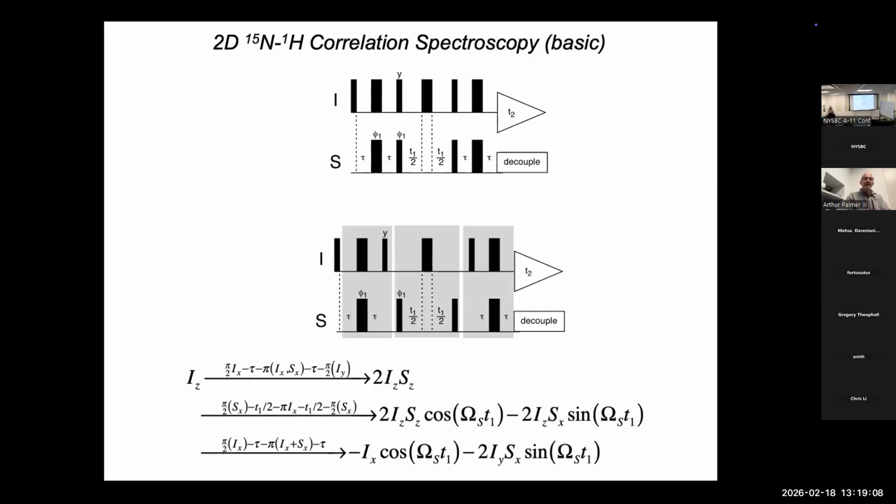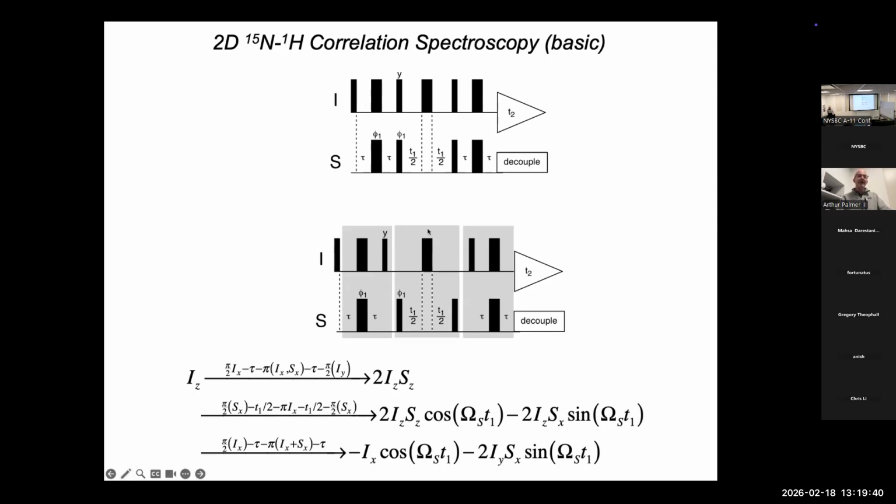The other elaboration here is what happens with something that isn't attached to the S spin. Let's just have a hydrogen that isn't attached. So after the first pulse, let's just look up here, we have minus, let's call it R, minus RY magnetization.